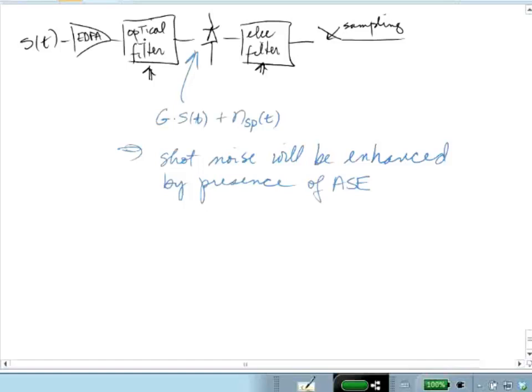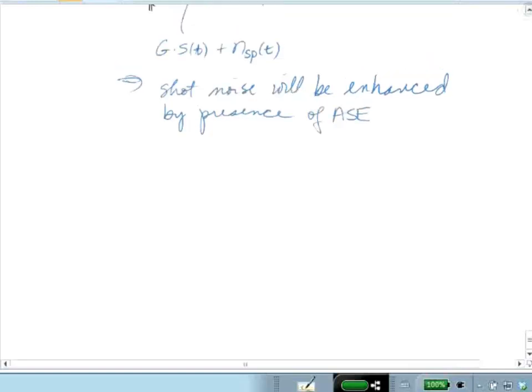The square law is also going to create beat terms in the photocurrent.